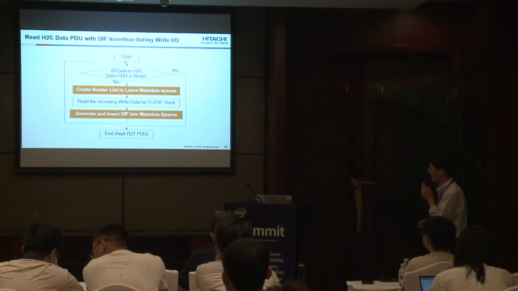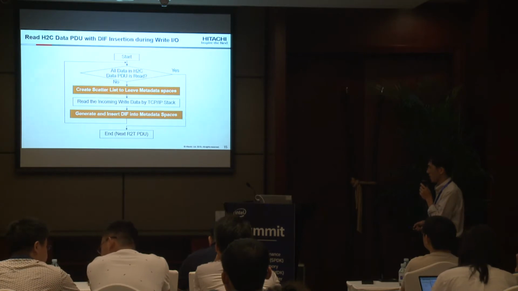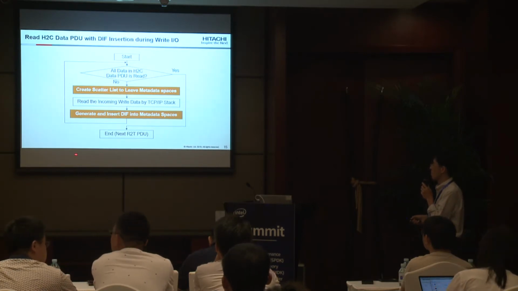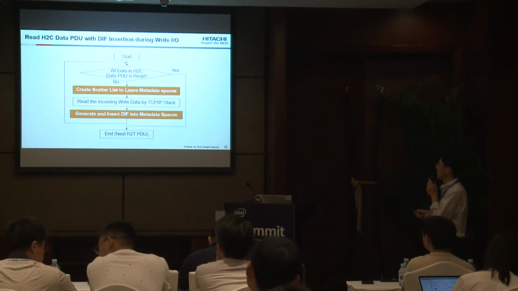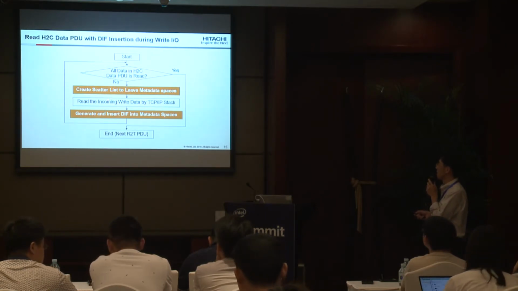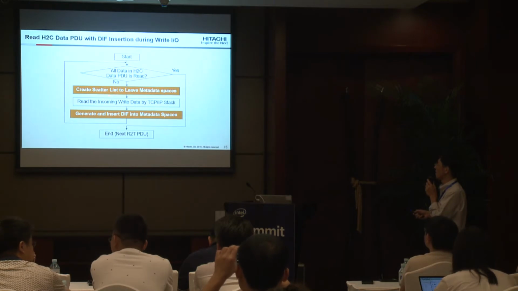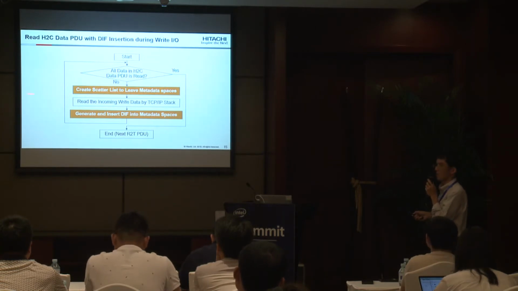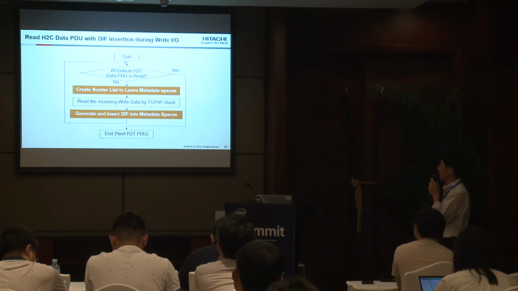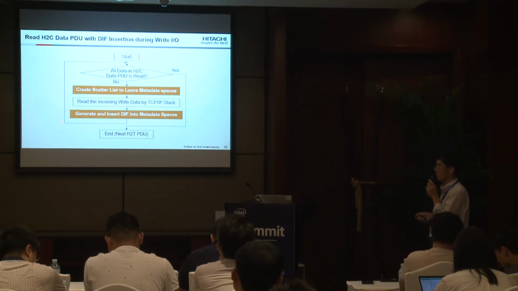This is the bottom scatter list shown in the last page, and the target reads incoming data by the TCP/IP stack. By using this special scatter list, DIF space is left automatically, and then DIF is generated and inserted into the spaces.